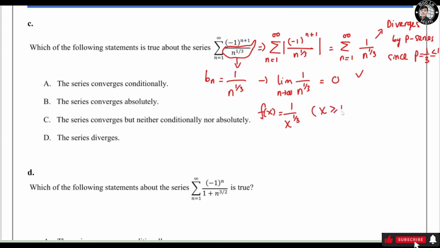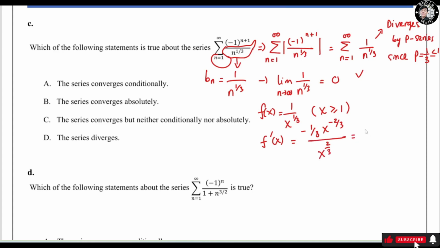For s greater than or equal to 1, f prime of s, using the quotient rule, equals 0 times this, which is 0, minus 1 over 3s to the power 1 third minus 1, which is negative 2 thirds, over s to the power 2 thirds.